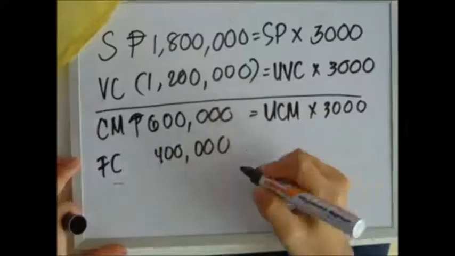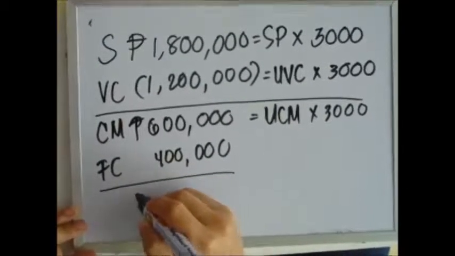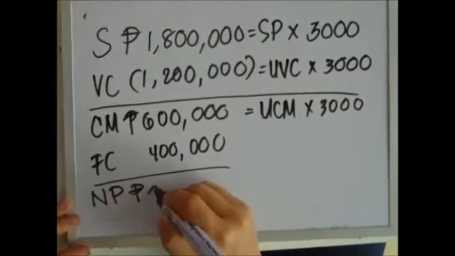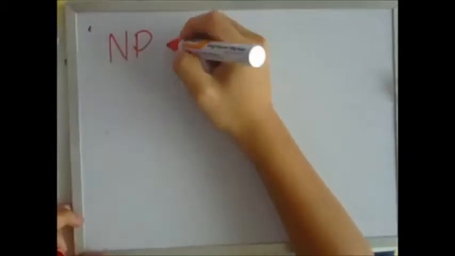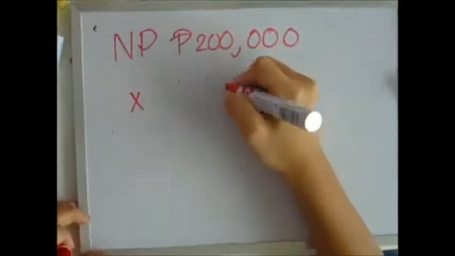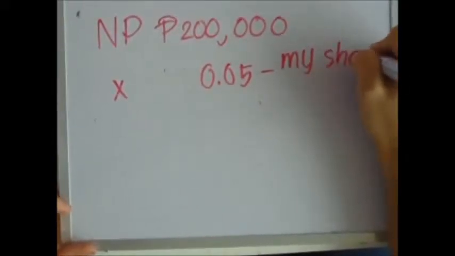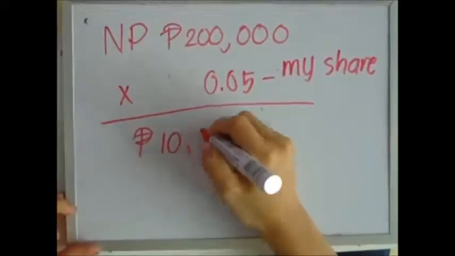So, I have 200,000 pesos as my net profit. I get my share by multiplying 200,000 by 5%. That will result to 10,000 pesos.